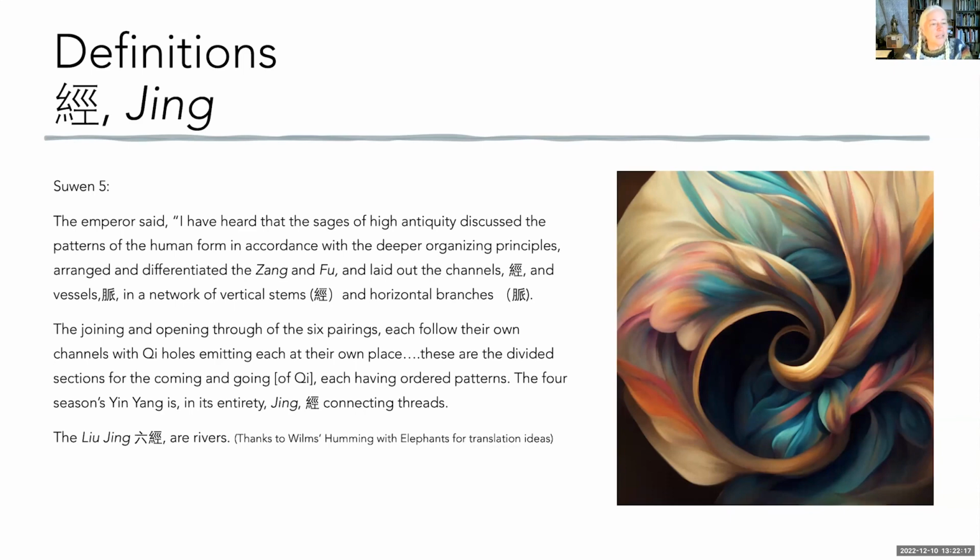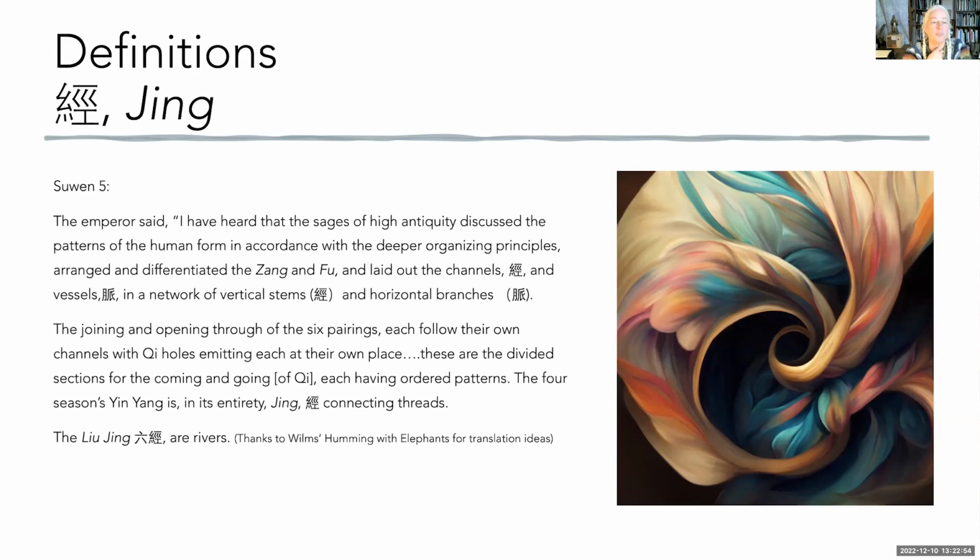The emperor said, I've heard that the sages of high antiquity discussed the patterns of the human form in accordance with the deeper organizing principles, arranged and differentiated the zang and fu, and laid out the channels and the vessels in a network of vertical stems, which I'm associating with the jing, these channels, they're vertical stems, and horizontal branches. The mai are the horizontal branches.